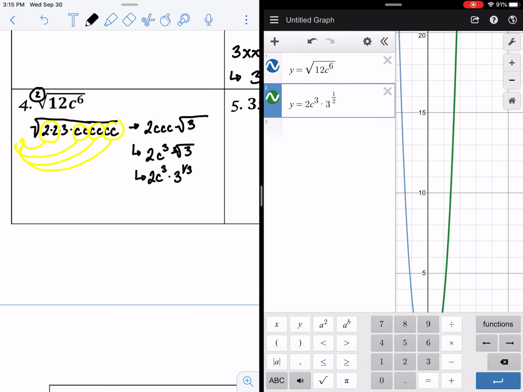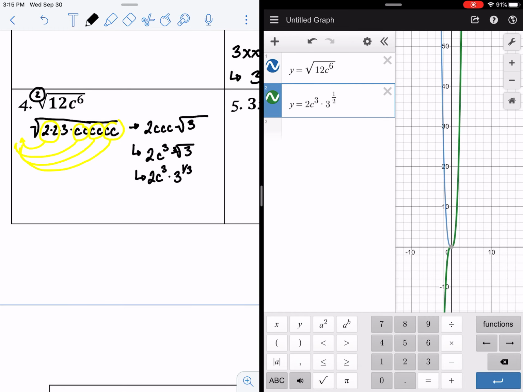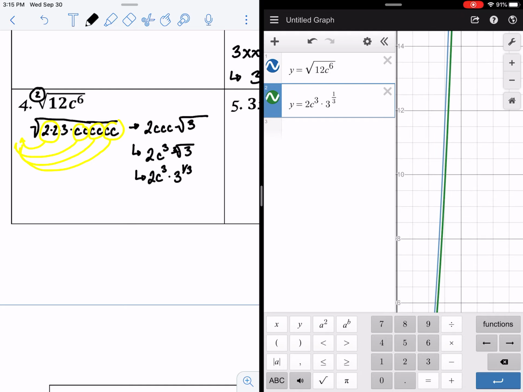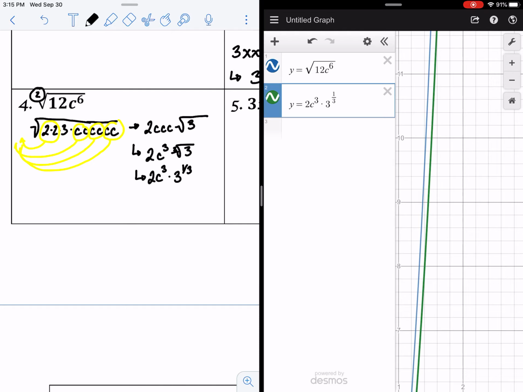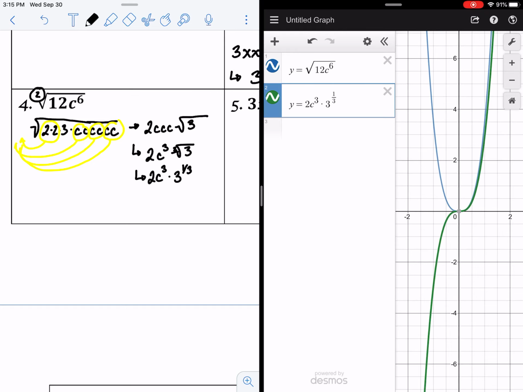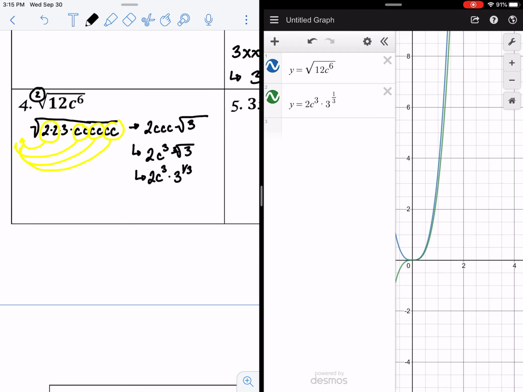Right, but let me first go back. If you looked here, I had a fraction of 1/3. I zoomed in a little bit, and I was getting ready to talk about what I'm fixing to talk about, but first I want to talk about this. I was able to zoom into my graph, and I could see that I had 2 different graphs. I had a blue graph and a green graph. Well, they weren't the same, so that got me thinking I messed up somewhere if I was confident in my work. I then paused and went over here and looked at what I had written, and here is where I messed up.